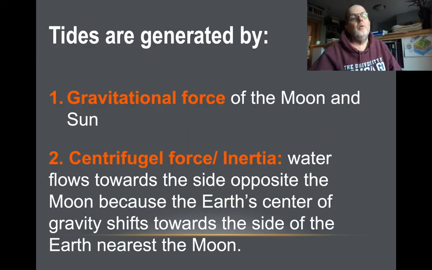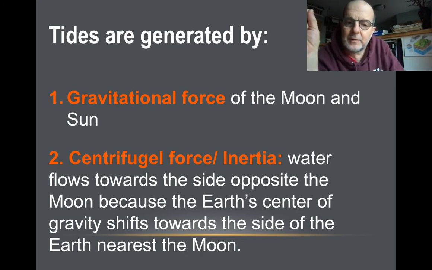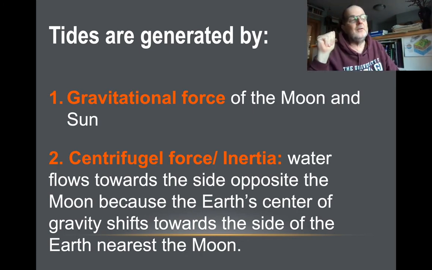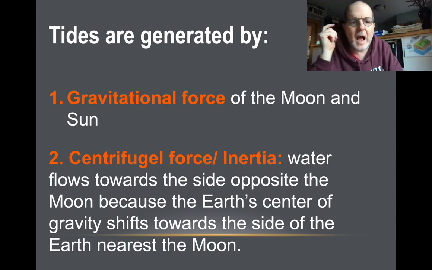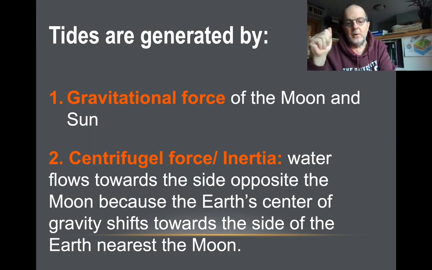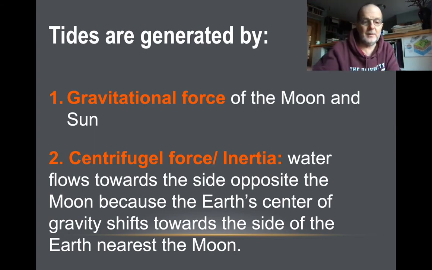So tides are generated, that bulge is created by the gravitational force of the sun and the moon, and then the centrifugal force / inertia that is caused by our rotation in combination with the gravity, where water flows towards the side opposite the moon because of the Earth's center of gravity shifting towards the side of the Earth nearest the moon.